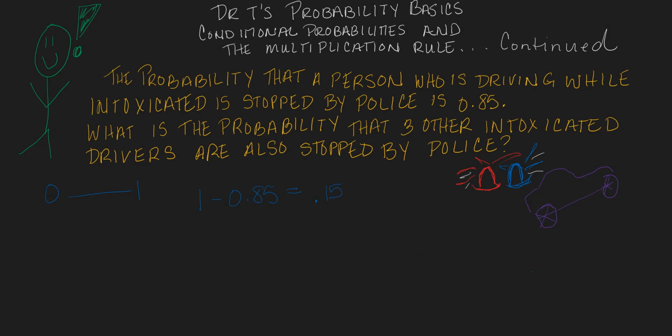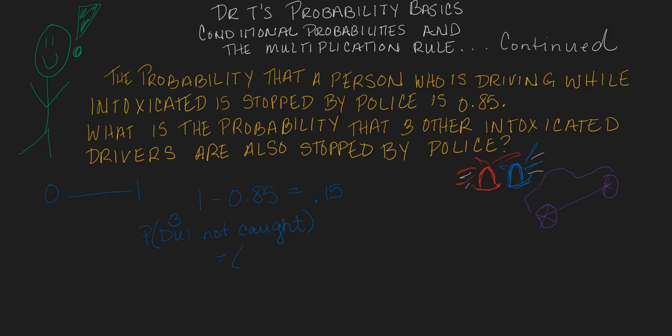And that's 0.15. So if we're trying to figure out the probability that someone driving under the influence or driving while intoxicated is not caught, and what we want to know is maybe all 3 DUI drivers are not caught, it's the same kind of idea as what we did before.